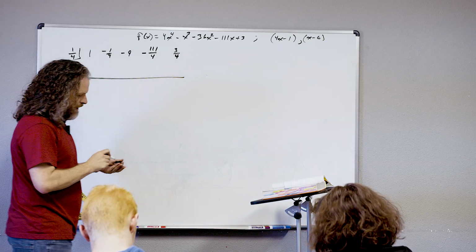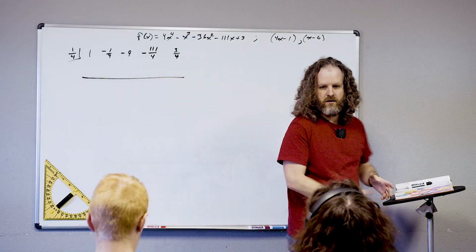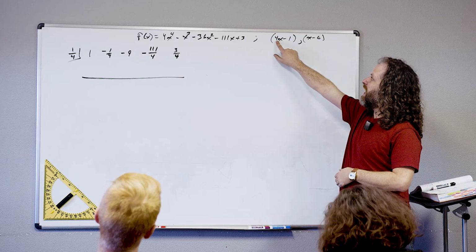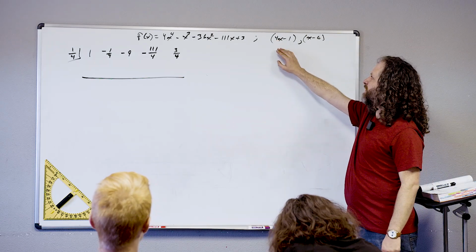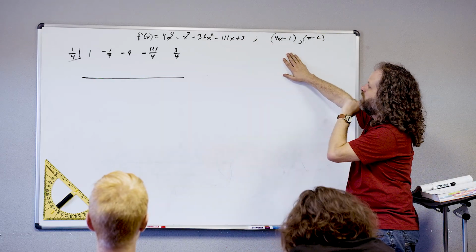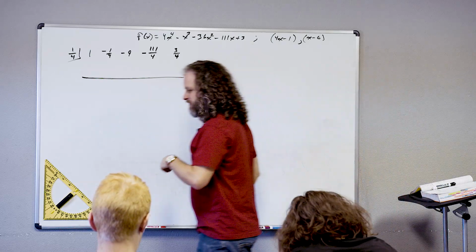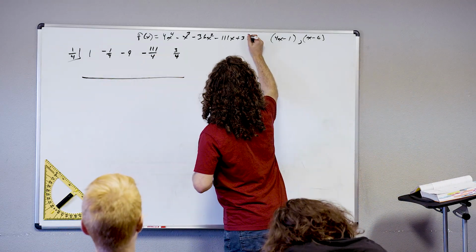Okay, so in order to do synthetic division, this has to be 1. And so I've got to divide everything by 4. It's plus 30, not plus 3. I was correct. I probably just left off a 0. Thank you. You said it, right?